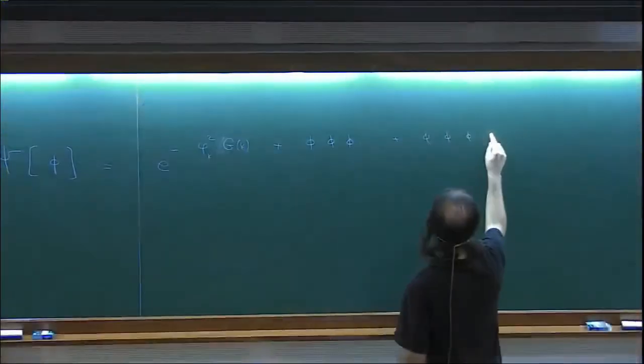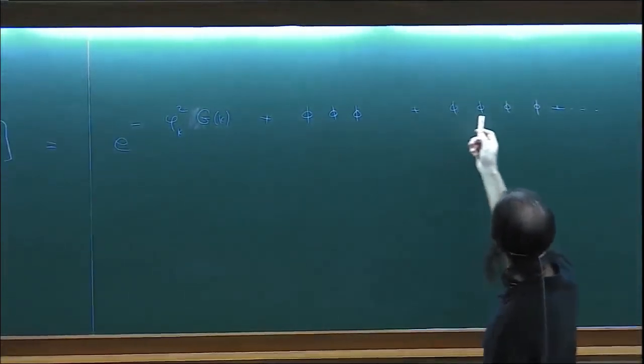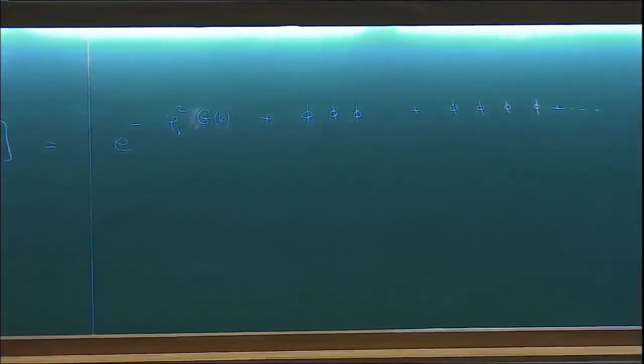This is the boundary value, so things are going to depend on that phi. We'll have things that have 3 phi's, things that have 4 phi's, and so on. And these are the things that we're trying to calculate by doing that path integral.